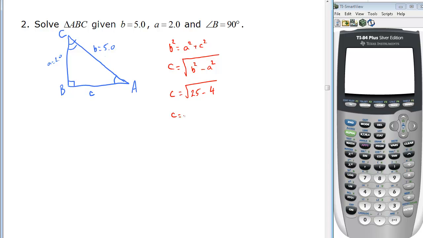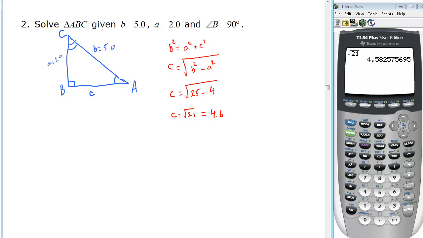So c is the square root of 21. We can leave square root of 21, or we can approximate it. If we go to our calculator, square root of 21 is equal to 4.6, since we're talking about two significant digits here. So 4.6. Alright, so that's side c.